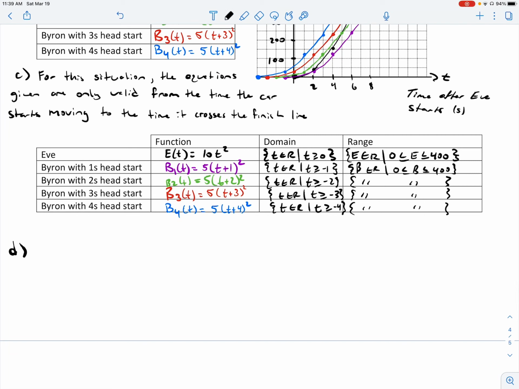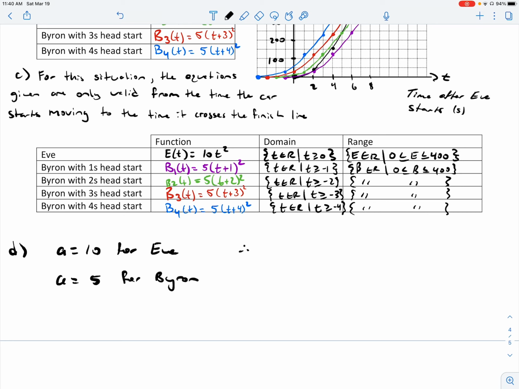So let's write it like this. We'll say A equals 10 for Eve, and A equals 5 for Byron.